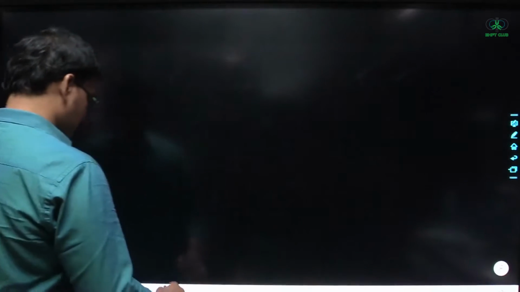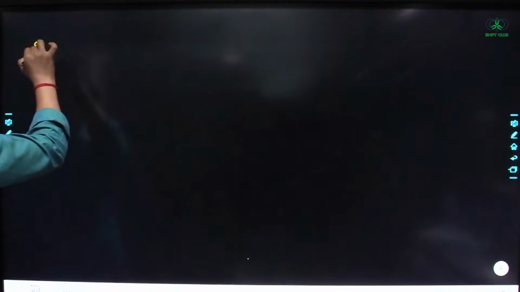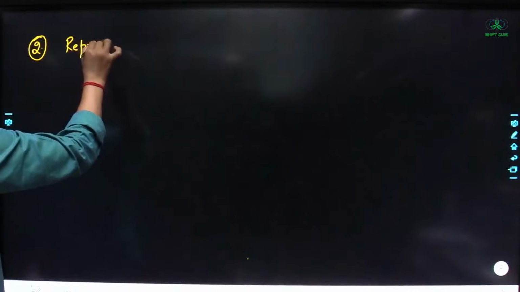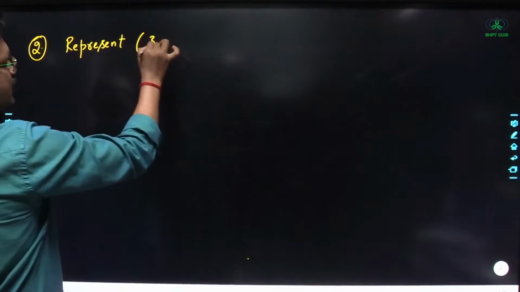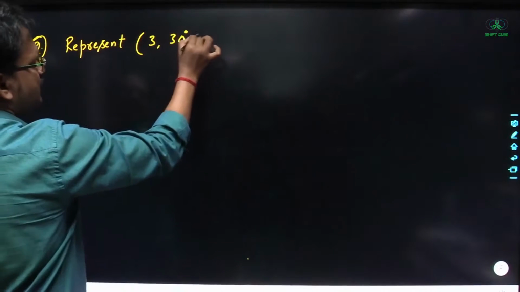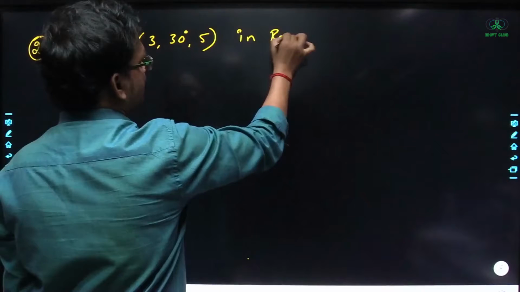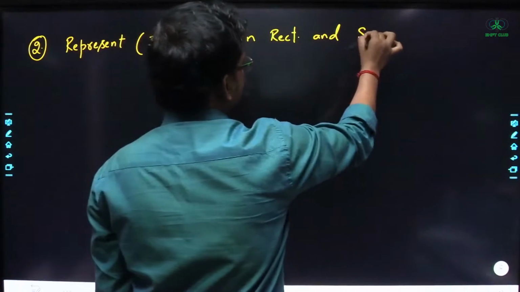So next problem, write it down. Represent 3 comma 30 degrees comma 5 in rectangular and spherical.